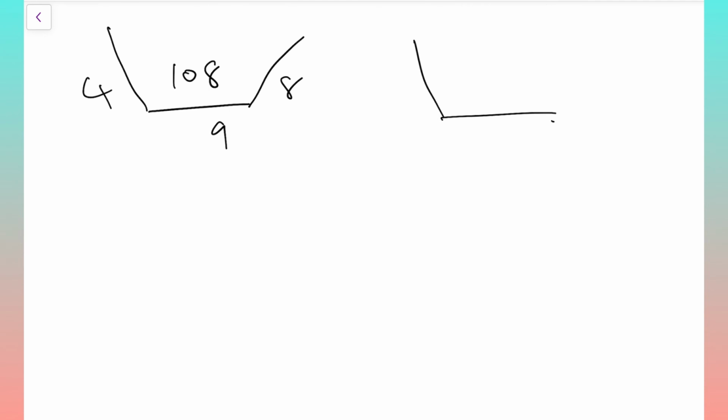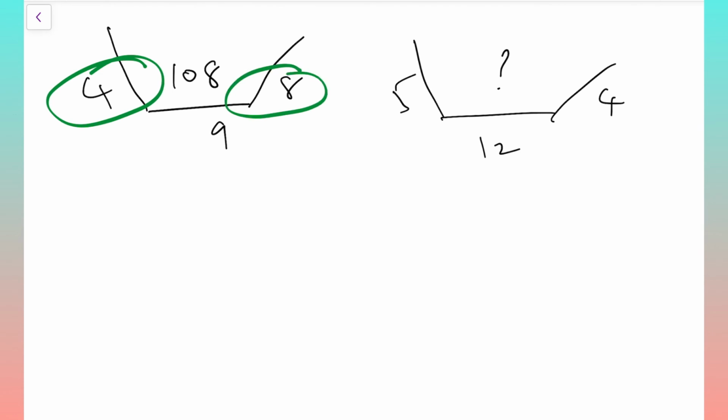Let us check the next question now. Here it is 8, 9, here it is 4, in the middle 108. The same way here 4, here 12, here 5, and here some number is missing. Now if you observe these numbers, 4 plus 8, 12.